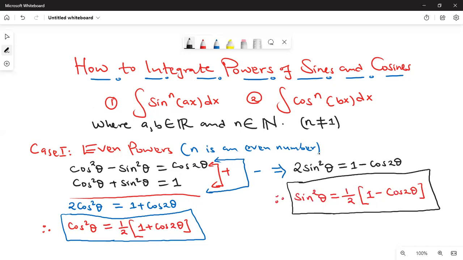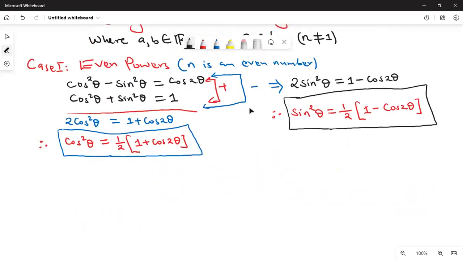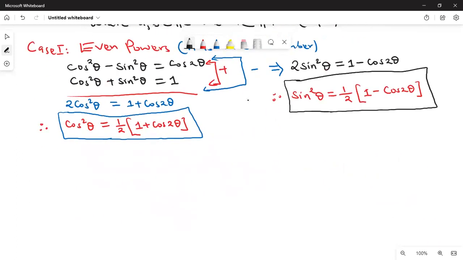So let's look at some examples. We'll look at 4 examples and then we'll go to case 2. Let me write examples.